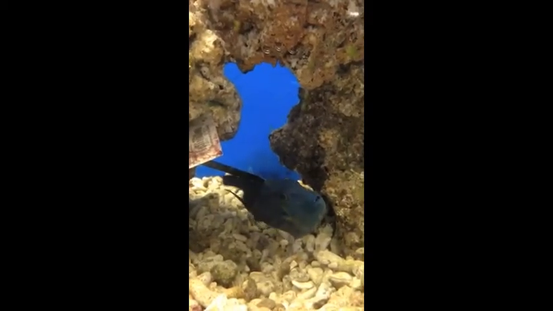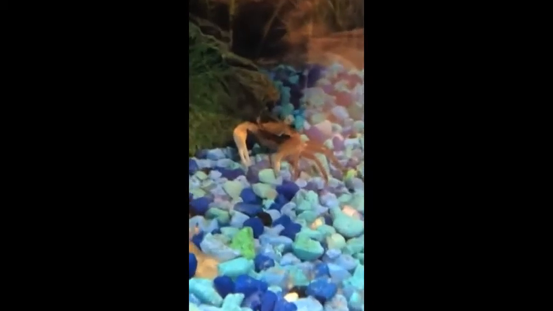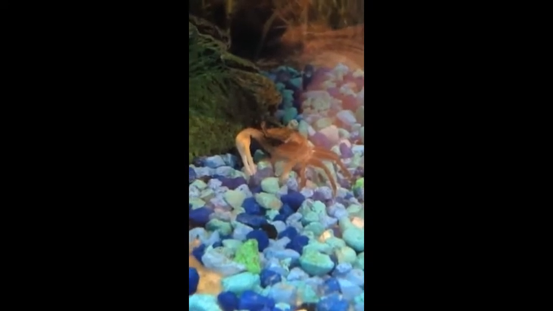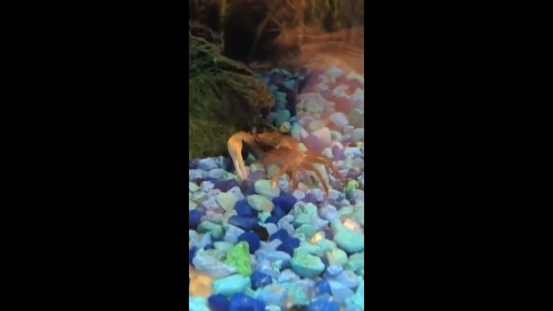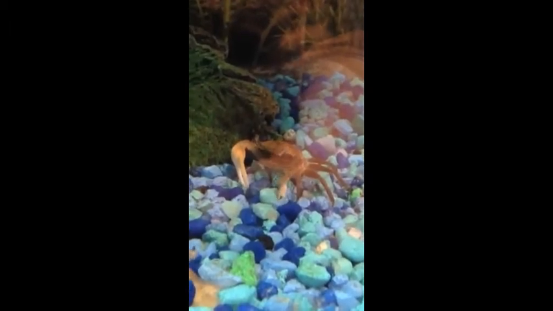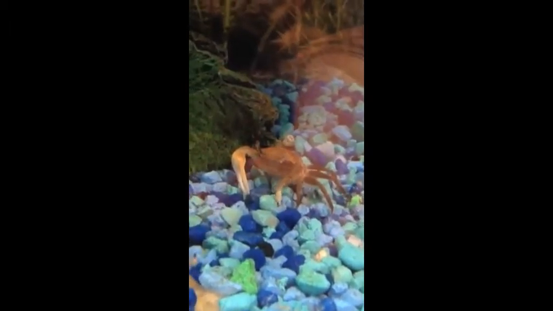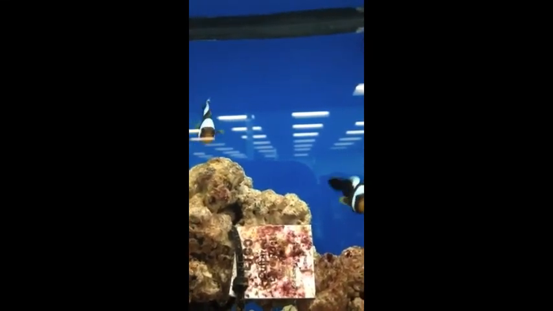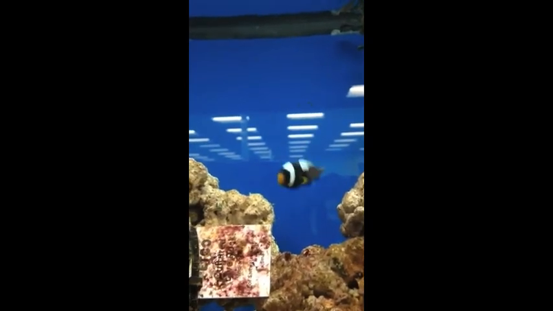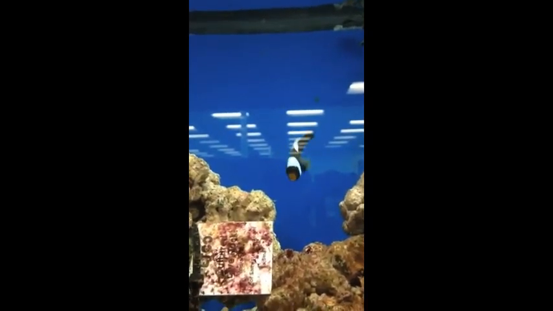Such a weird fish. What's going on? Look what they're doing. Oh, they're so cute. You know if it's salt water or not.